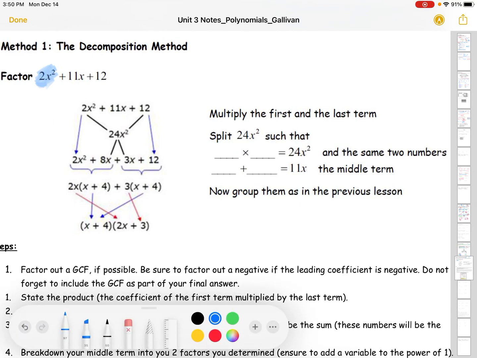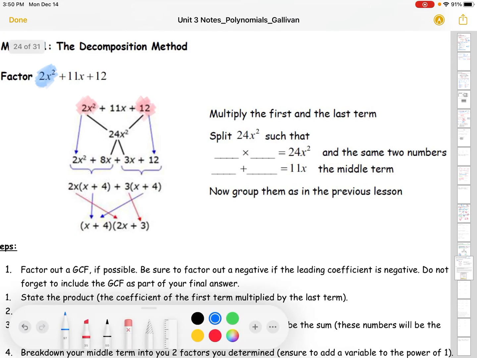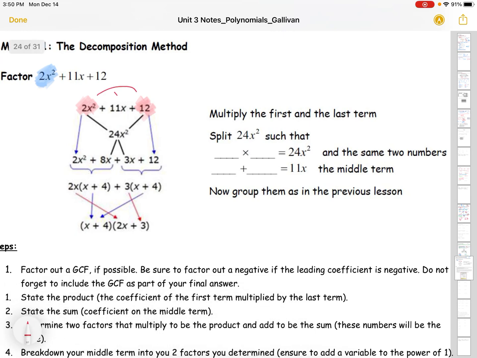And what we're going to do first is we're going to multiply the first two terms. So we're going to multiply these times these, okay? We multiply the first and last terms, and then we get 24x squared. So this is our answer to that.